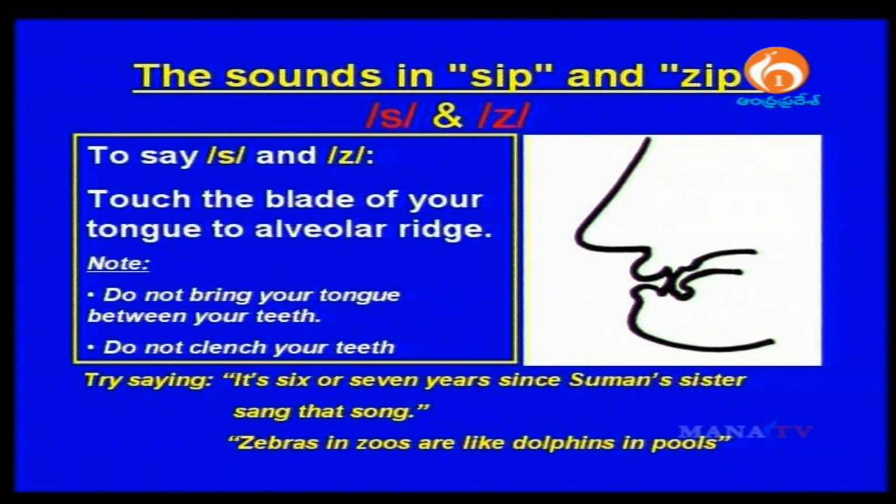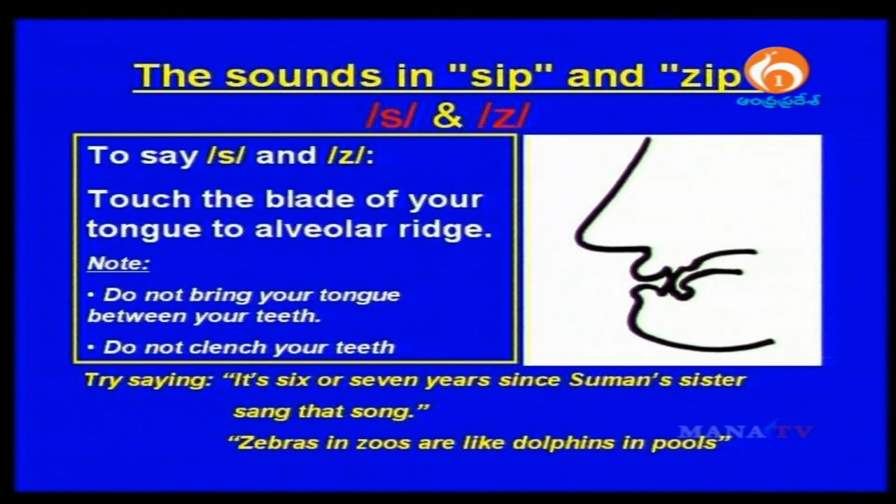Similarly, you want to get Z sound. You do the same thing, only in this case you will have the vibration of the vocal cords involved, and hence you would hear Z, which is like the buzzing of a bee. Just remember, do not bring your tongue between your teeth like you do for the th sounds.